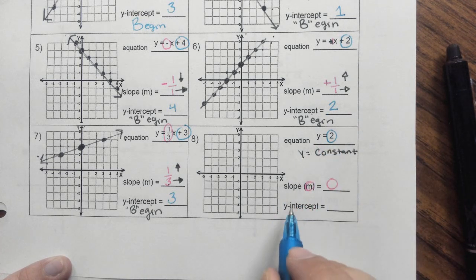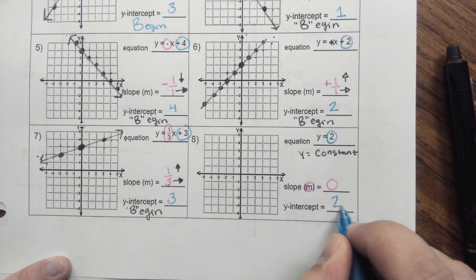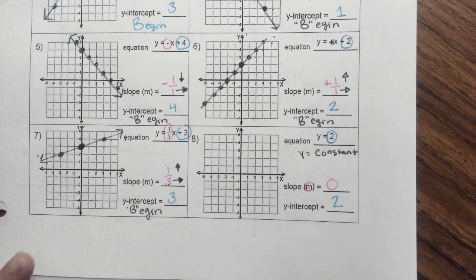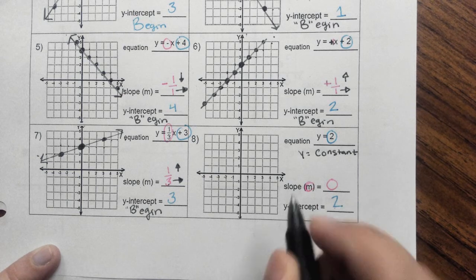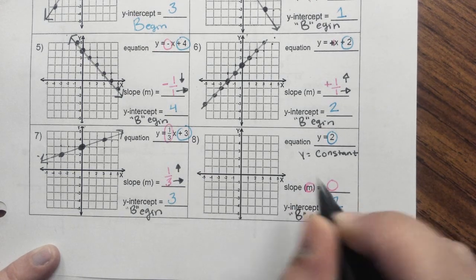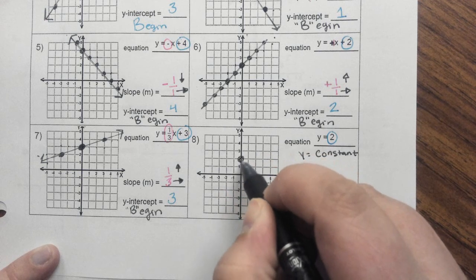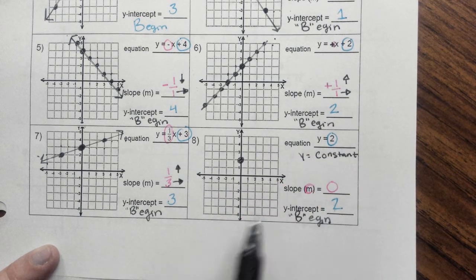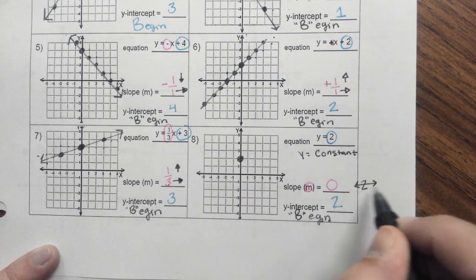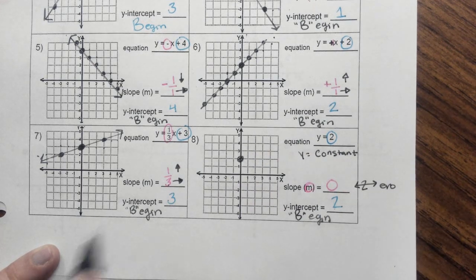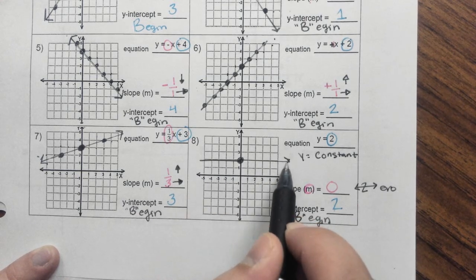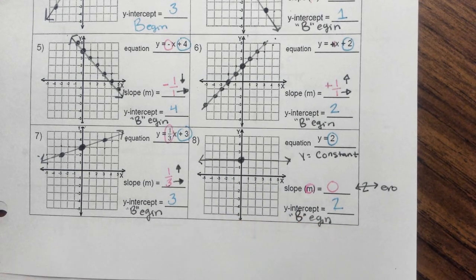Since there's not a sign in front of it, our y-intercept is 2. So we're going to begin on our y-intercept of 2. The slope is 0, which means we're drawing a horizontal line. So from this point, we're going straight left and right to create a horizontal line there.